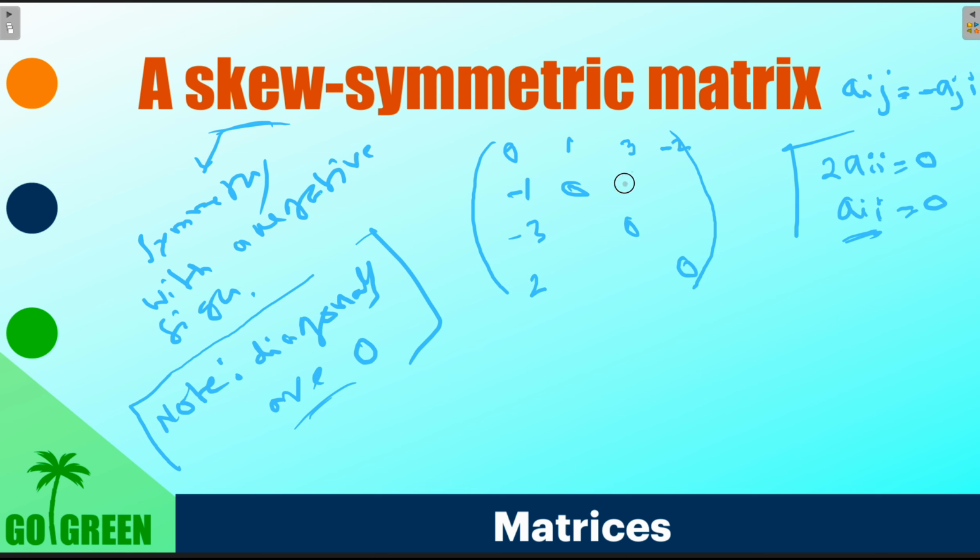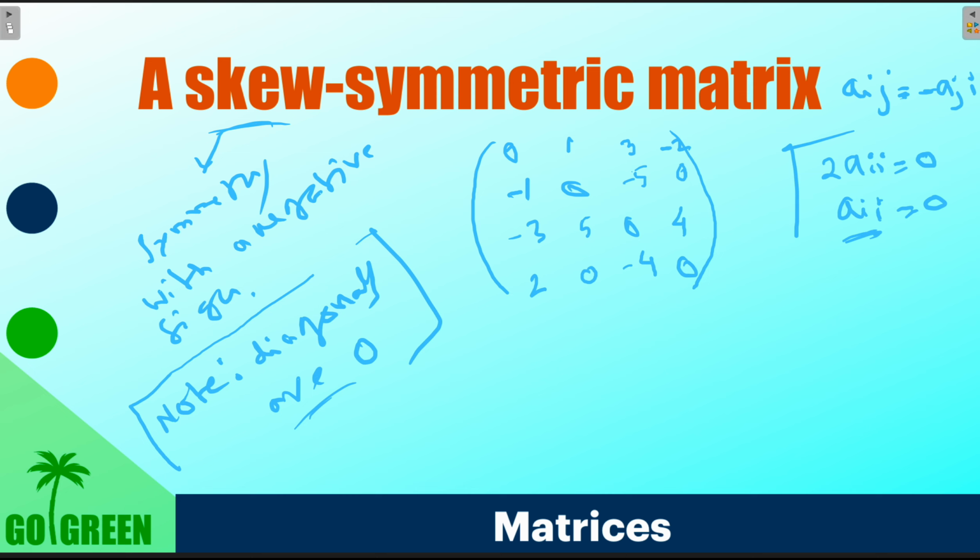Suppose this is minus 5, then I write 5 here. Suppose it is 0, then minus of 0 is again 0. And let's say this is 4, then I should write minus 4 here. And this is an example of a skew symmetric matrix.